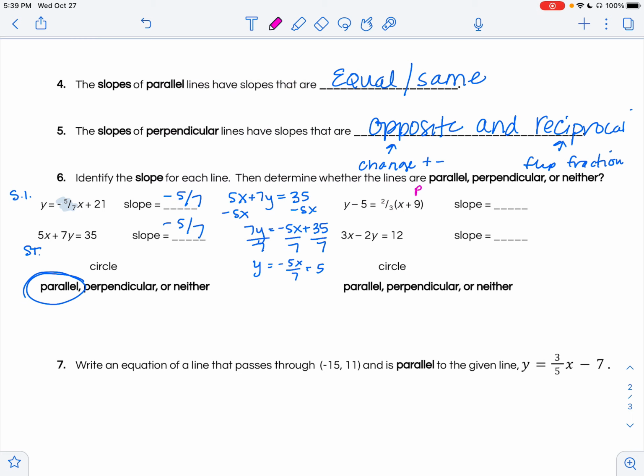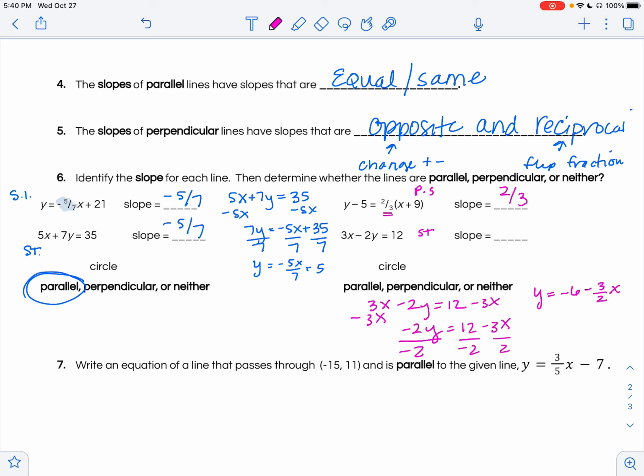Over here, this one is in point slope form. So the slope is this one right here, +2/3. Okay, I'll try to show my work down here. This one's in standard form again. Okay, I'm going to subtract 3x from both sides. And I'm going to divide everything by -2, which means my equation is y equals -6 minus 3/2 x.